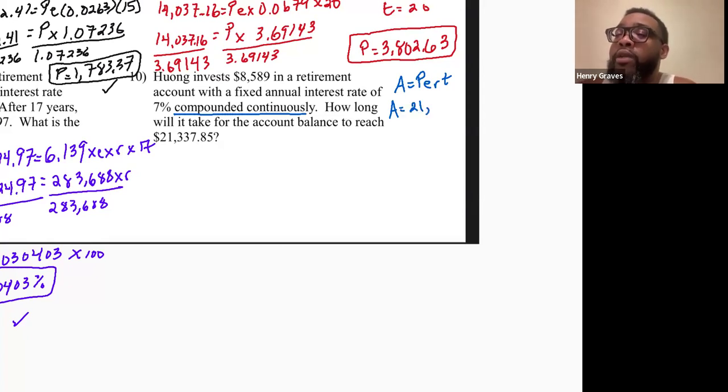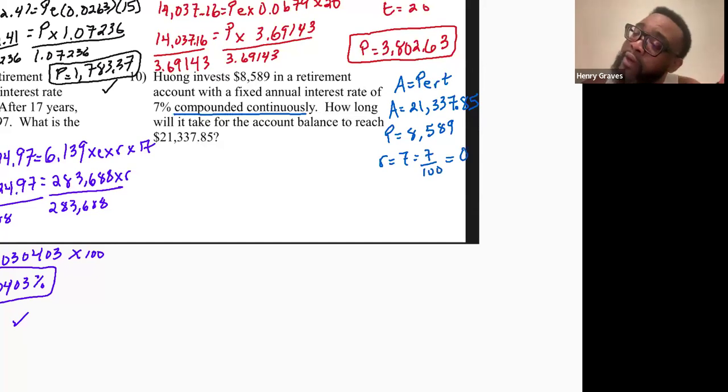His principal is what he starts off with, which is 8,589. We do have a rate here of 7%. So that's going to be 7 divided by 100, which is going to be 0.07. And the time, which is the one we're trying to find out because it says how long, I don't know. Thankfully, we have all we need to find this answer.